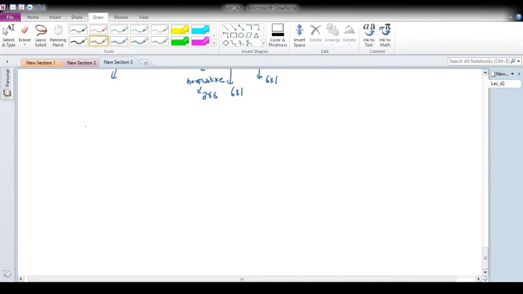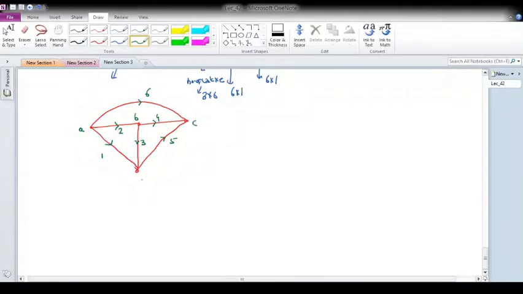Suppose, let me repeat one more time. Let me draw the directed graph, something like this. Draw the directions: this is the first direction for element 1, 2, 3, 4, 5, and this is 6. The nodes are A, B, C, and this is O. From that, draw the tie-set.